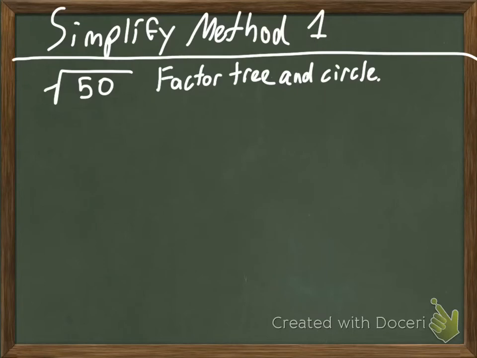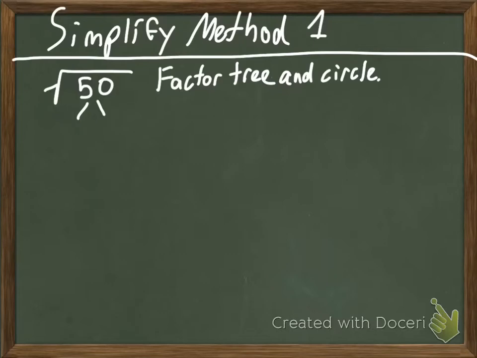Now I'm going to show you two methods for simplification. This is the one that I showed you in Algebra 1, our factor tree and circle method. What we do is we just look at whatever we have underneath our square root, and then we factor it all the way down to its primes.